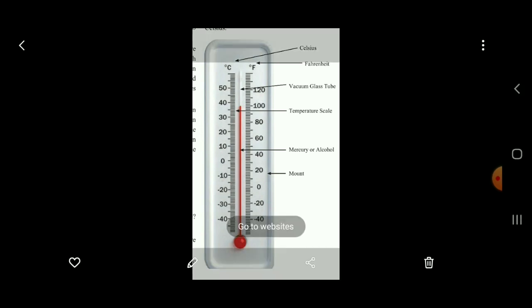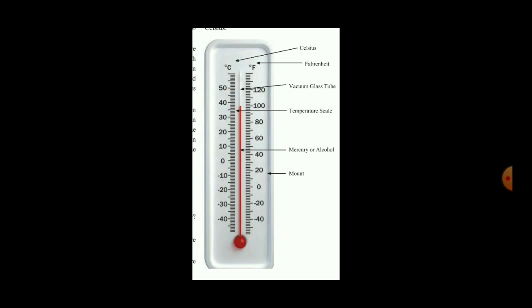This scale indicates the range within which your temperature will be limited. In which unit is the temperature measured? The temperature is measured in either degree Celsius or degree Fahrenheit.